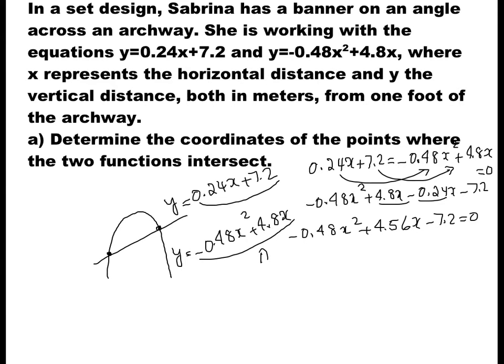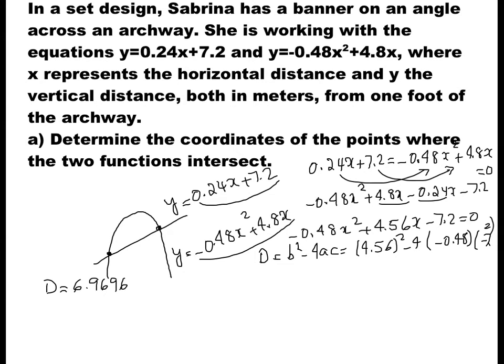The discriminant is D equals b squared minus 4ac, which is 4.56 squared minus 4 times negative 0.48 times negative 7.2. Now if you simplify this one, we will find that D is equal to 6.9696.